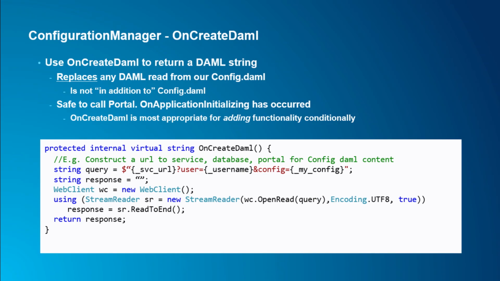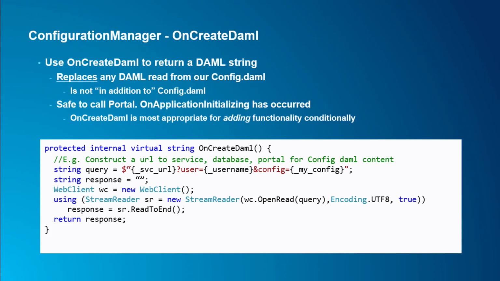Okay, so with that in mind, let's look at the two callbacks we have available to us for that conditional customization. First is OnCreateDaml. We've already got our OnApplicationInitializing, so it's safe to call the portal here. We're good, right?